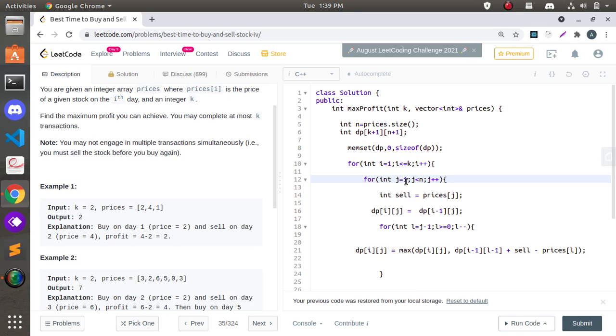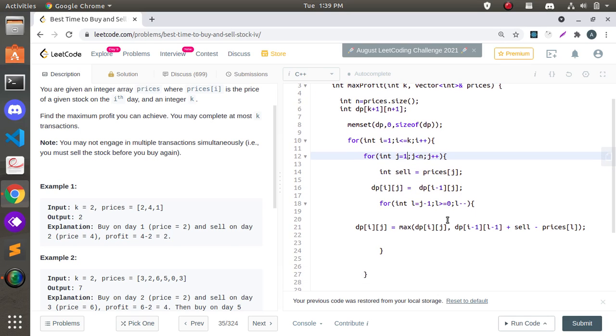We have taken the jth value and j less than n. So we can use one-based indexing, which will be much easier for us. So let's do that. So j minus 1, and make it 2.